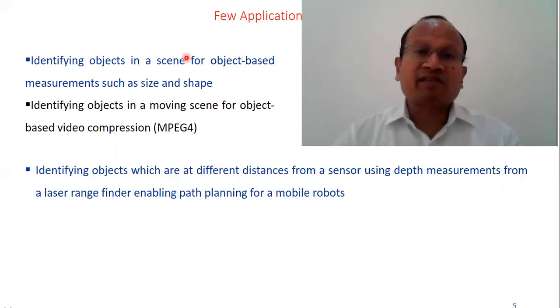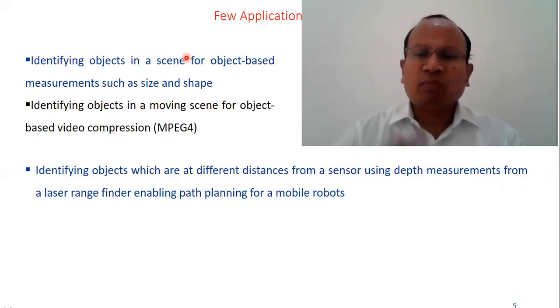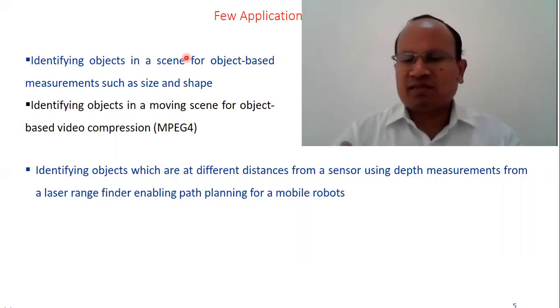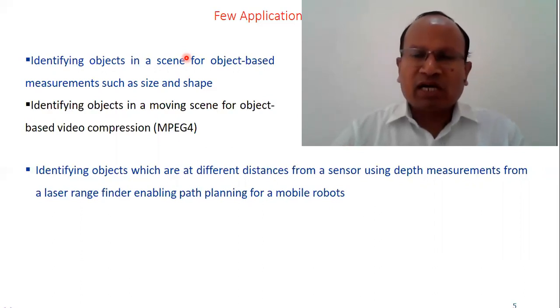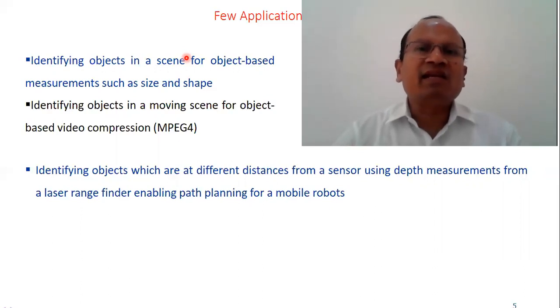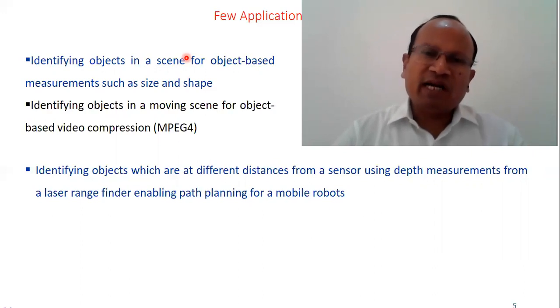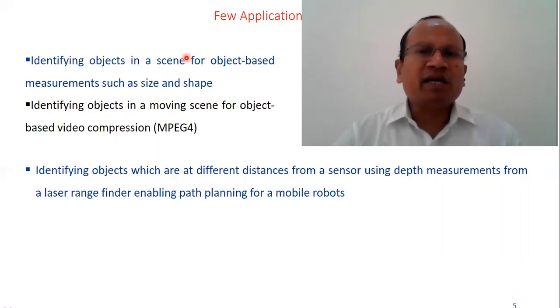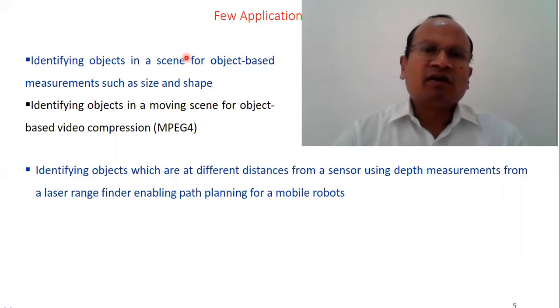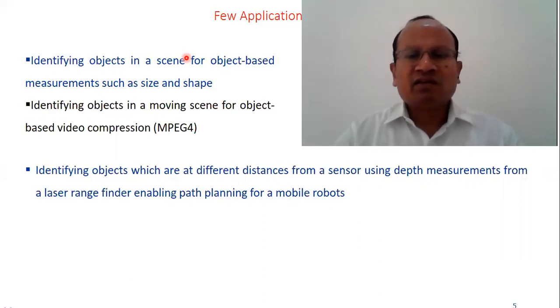So all those applications, like medical applications, and suppose remotely sensed images, which are satellite and aerial images. We want to identify which area is dominated by plants, which area is dominated by some other objects. Is it forest?